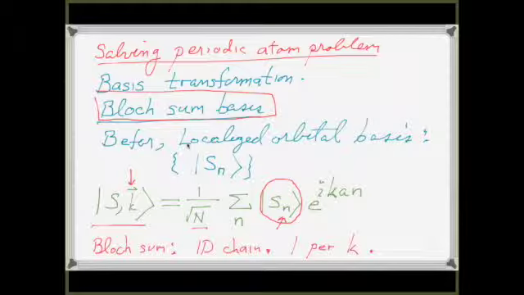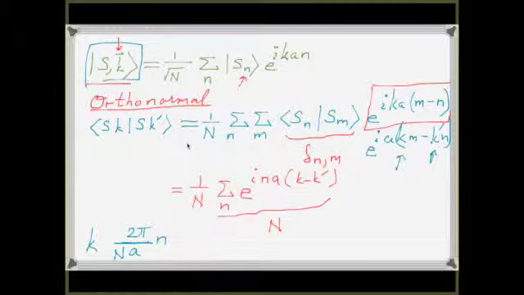Before, our index is this n for each atom, and really it's going to stand for each unit cell, the repeat index of the crystal, so there could be 2 atoms per unit cell, for example. And so this index then becomes this index over here, which labels our new basis in k space. So for each n, there's going to be a k, a one-to-one mapping from your localized orbital basis to this Bloch sum basis.